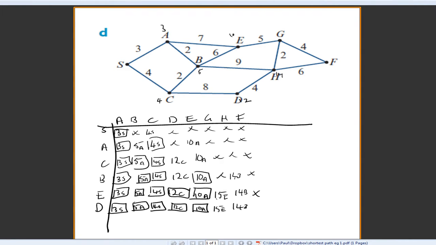Nothing changes as a result of that one. F, remember, is still crossed. Alright, so 14 is the smallest at the moment. That is H. So I write down H, rewrite all box values.